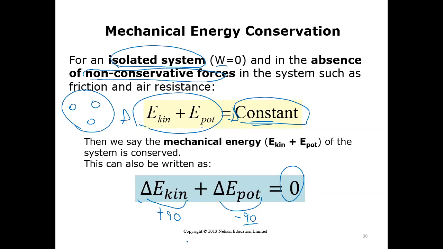So the net change is 0. So we can write the law of conservation of mechanical energy in this form as well. Sometimes it is better to put it in this form because this quantity does not depend on where you choose the y equal to 0. All I need there is the delta y.